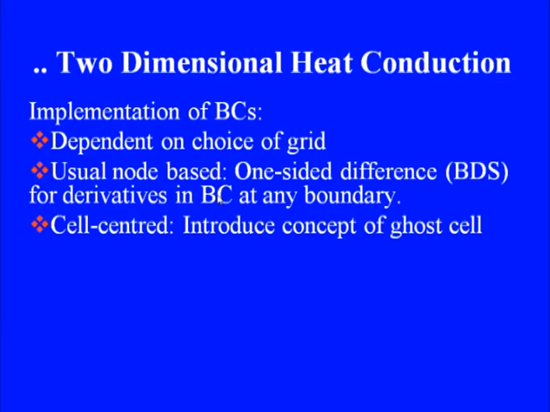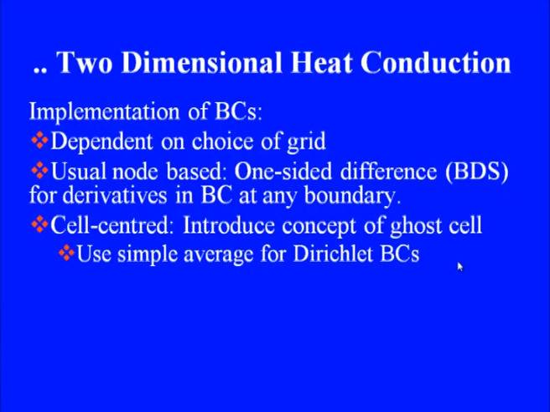For the cell centered scheme, we will proceed exactly the way we did in 1D, that is we will introduce the concept of ghost cell, and we will use a simple average for Dirichlet BCs. That is how we will eliminate the values corresponding to the ghost cell, and thereby include the specified boundary condition in the discrete equation for the node close to the Dirichlet BC.